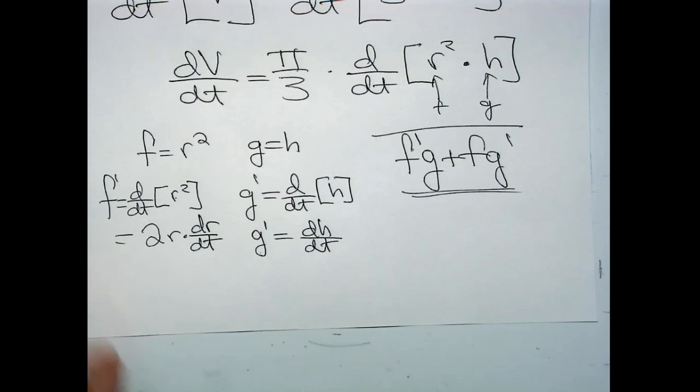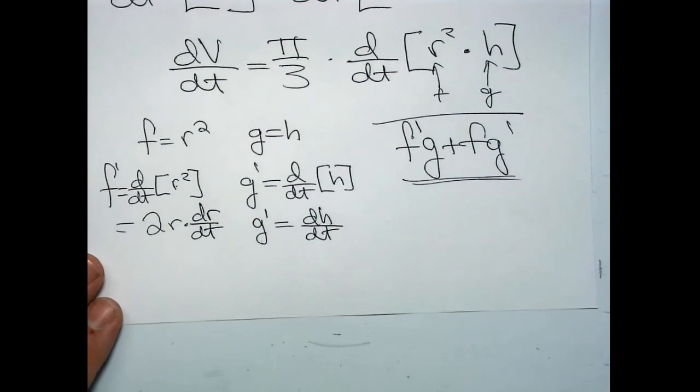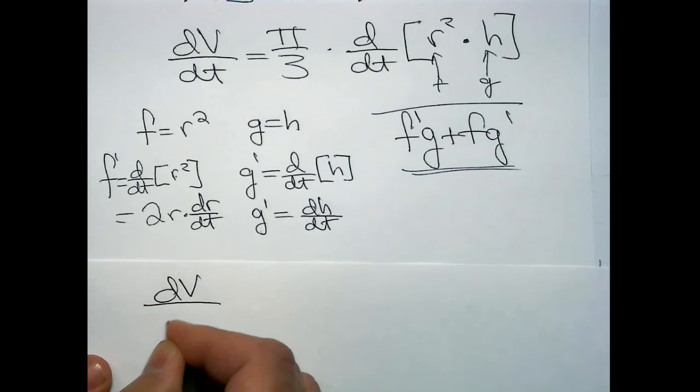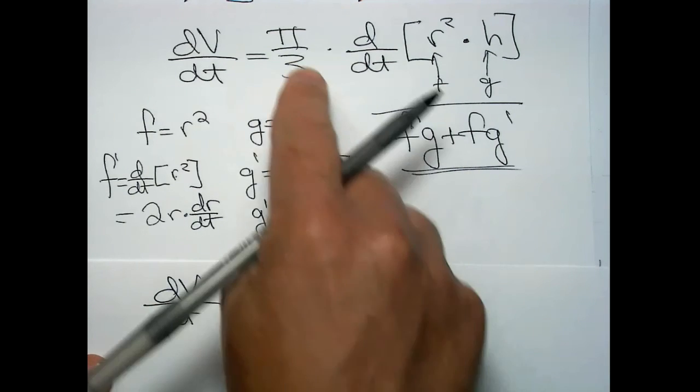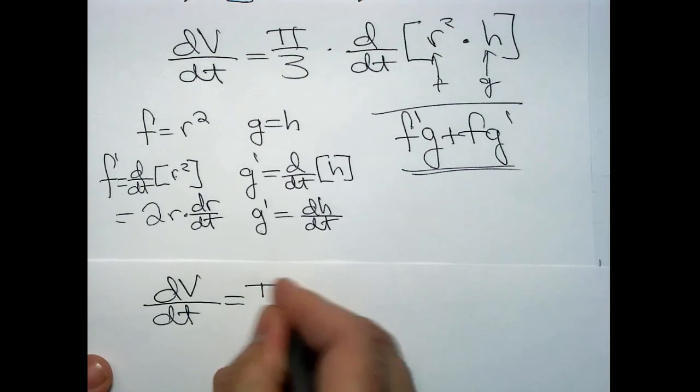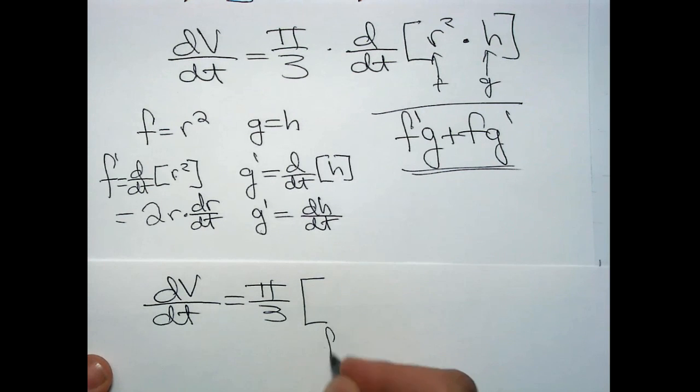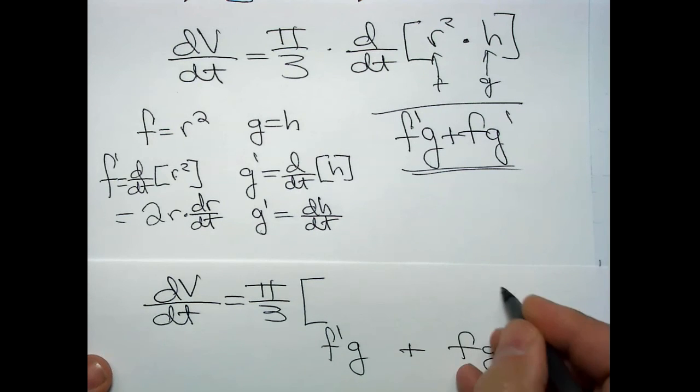So let's wrap this up and let's see how all of these rates relate to each other. Now the left side, we've got that, it's dV/dt. On the right side, we have a pi over 3 constant multiplier. But what we need to do is f prime g plus f g prime.